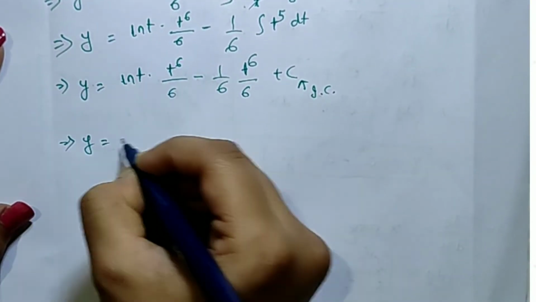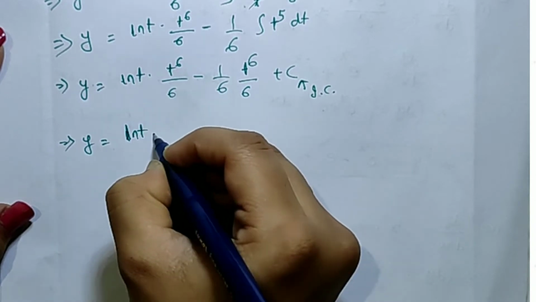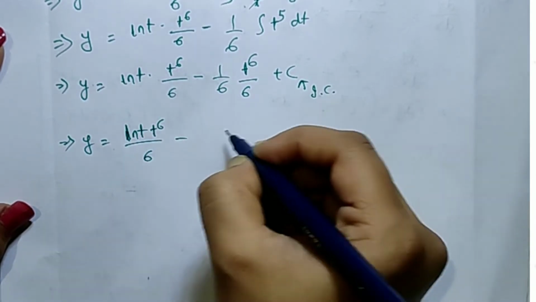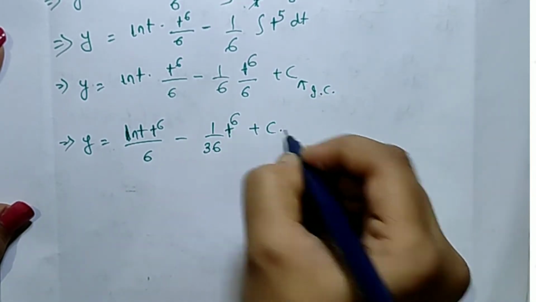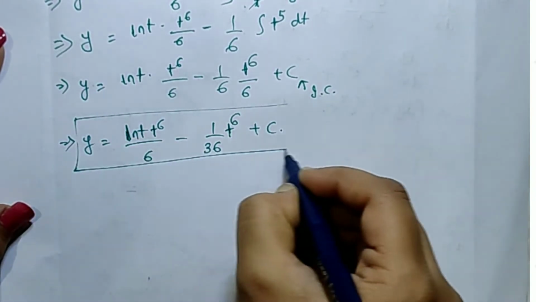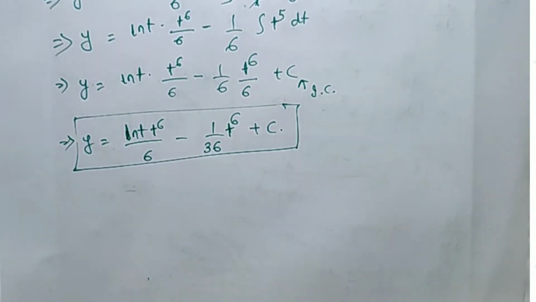Implies that y is equal to ln t into t power 6 by 6 minus 1 by 36 into t power 6 plus c. This is our general solution. Clear?